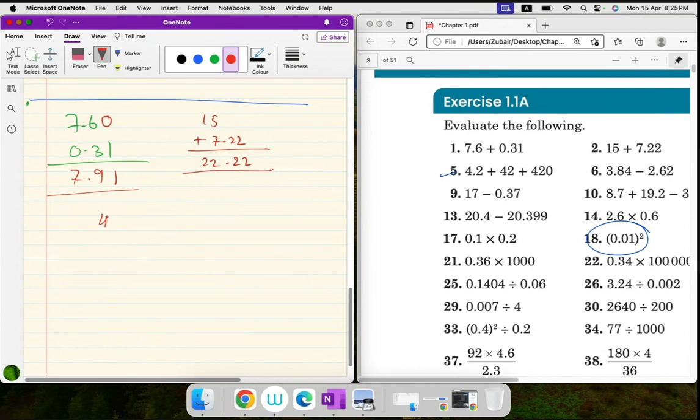Try the fifth number. This is 4.2, 42, and 420. Do we have the same answer?